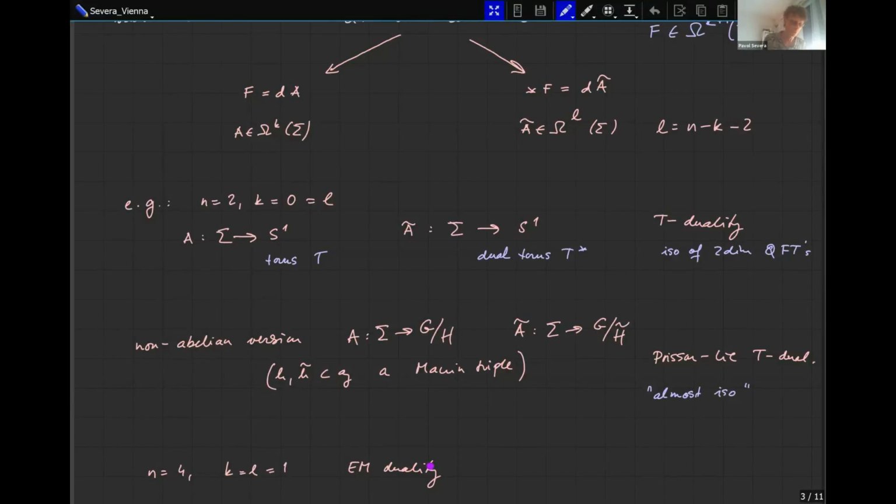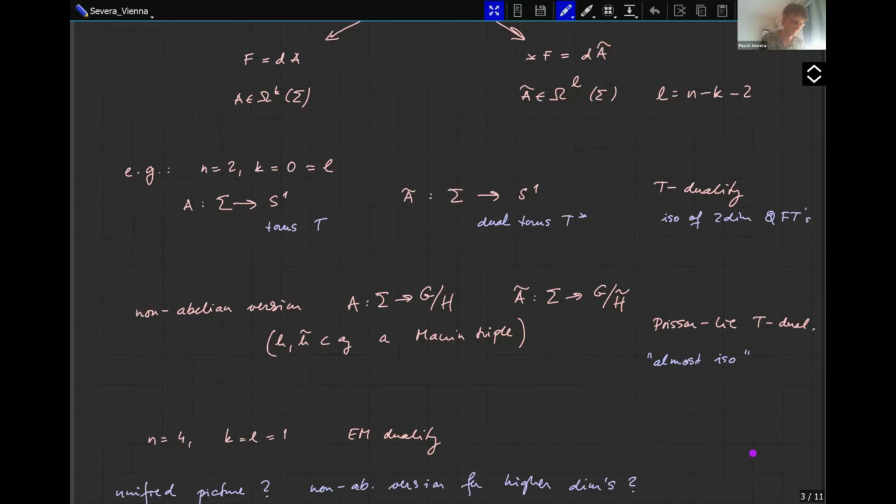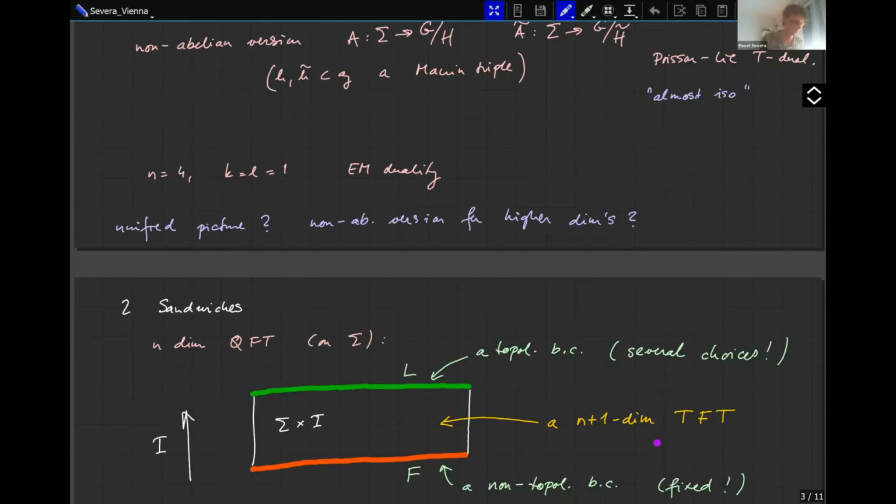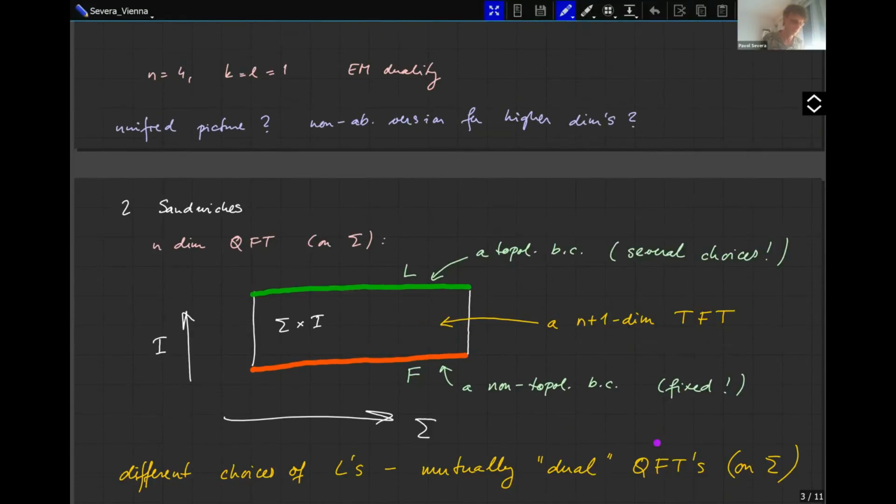And this dream lay dormant for a long time, until something happened recently. So that's the question: what is the unified picture that would give also non-abelian versions in higher dimensions, that would know that these higher dimensional field theories are actually gauge theories and things like that? Okay, so the picture is, as promised, a sandwich.